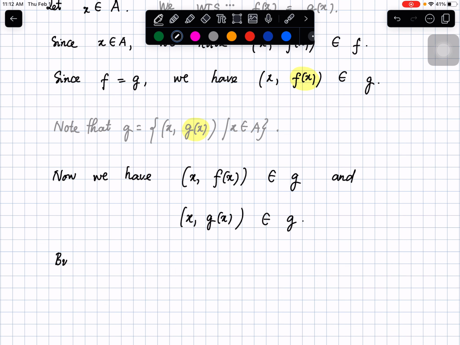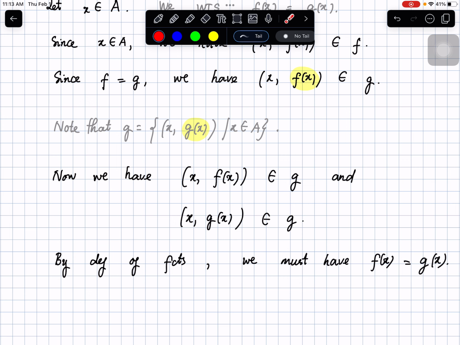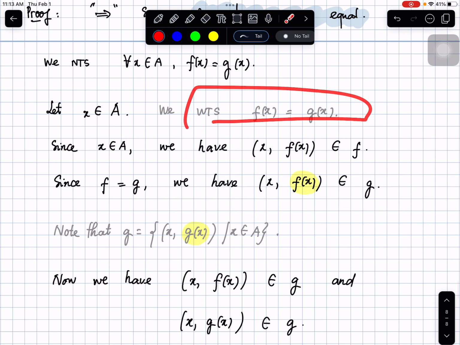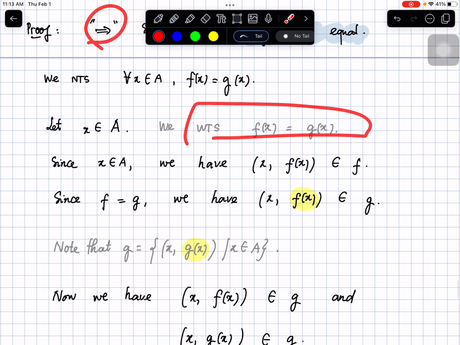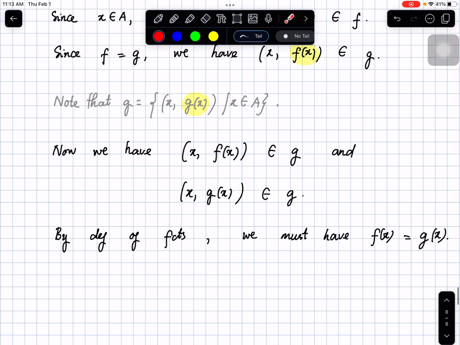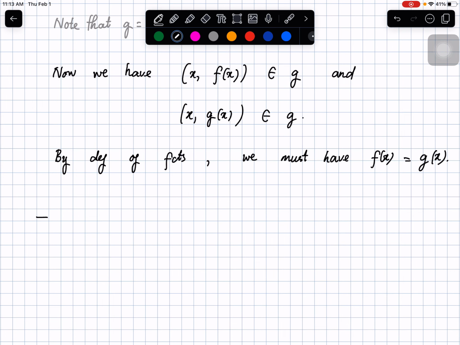By the definition of function, or exactly by the uniqueness condition, we must have f of x equal to g of x, and thus we prove the first direction. f of x must be equal to g of x. Now let's prove the other one.